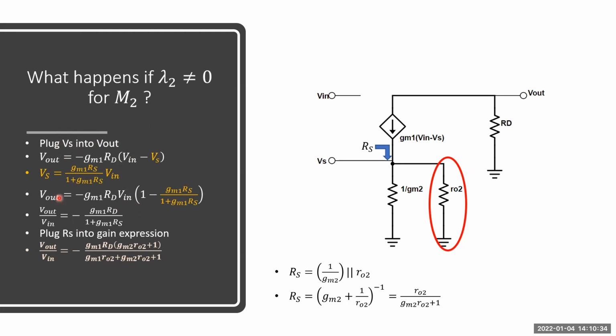Then we get Vout divided by Vin equals minus gm1 RD divided by (1 plus gm1 RS). We know the RS expression, so just plug it into the gain expression. We are going to obtain this somewhat complex expression. Okay, this is the effect of ro2 in the gain expression for this circuit.